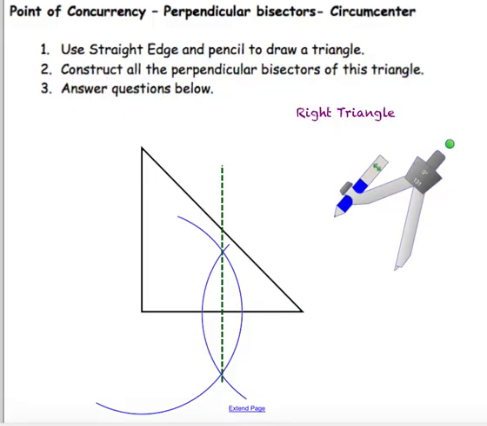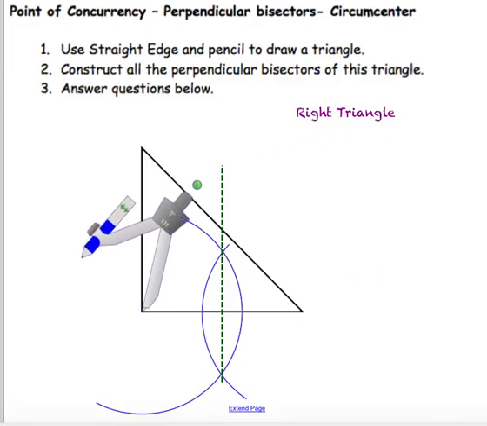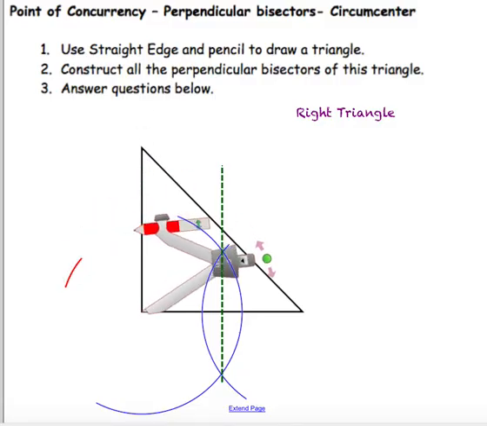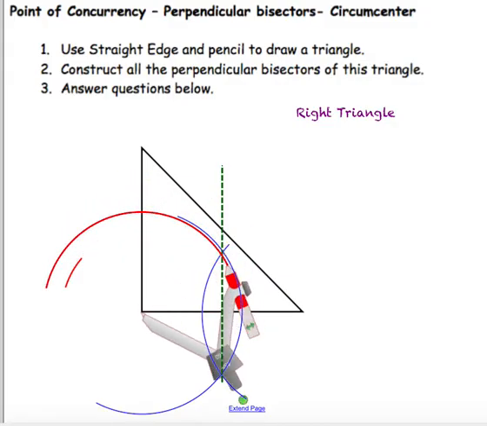And now I'm going to do another side of this triangle. So I'm going to do the left side now, and I'm going to use a different color for the arc here. Oh, and let me check, make sure that it's more than halfway. I'm going to open that a little bit wider, just to be totally certain that it's more than half.